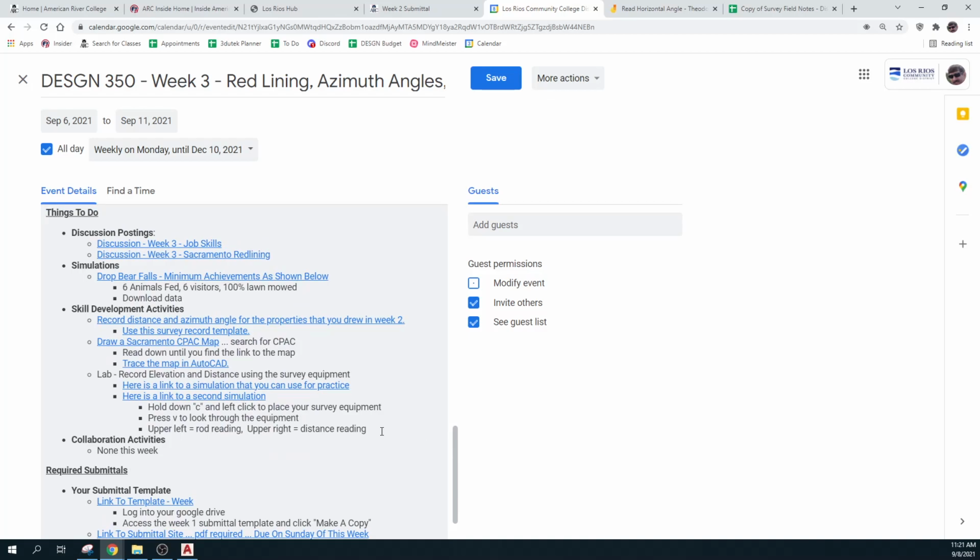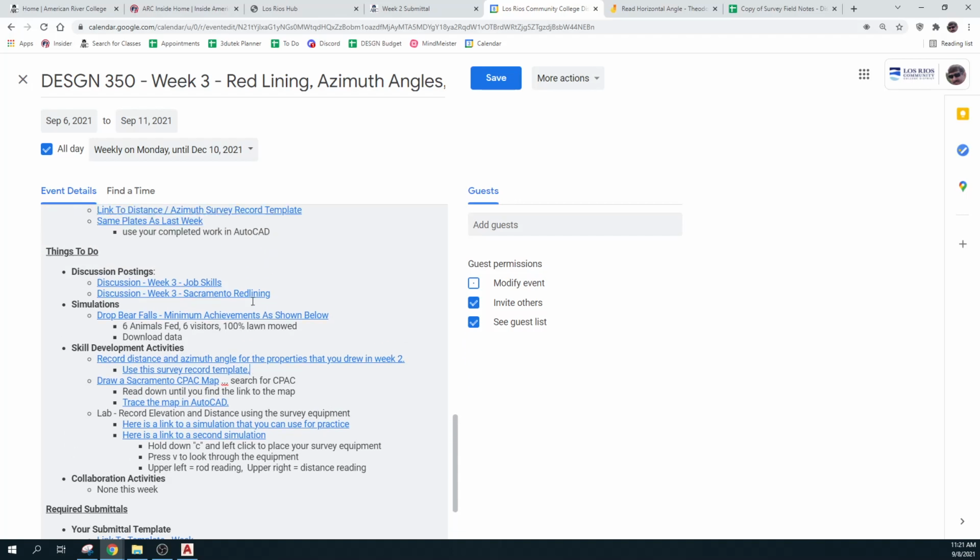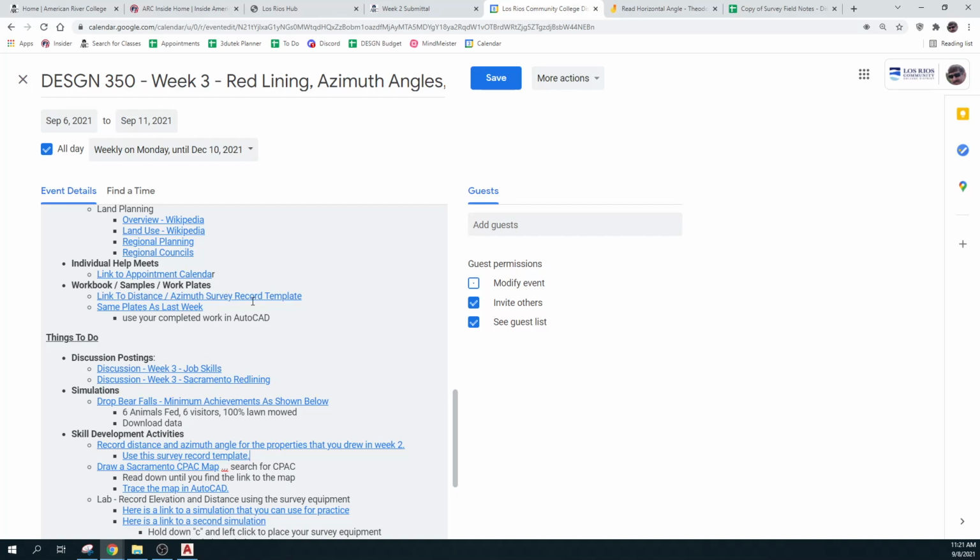All I wanted was X and Y coordinates of the corner points. It didn't want all the topo lines. Okay. Yeah, just X and Y of the corner points. So I'll bring that one up too. So here we go. This goes up in your reading.